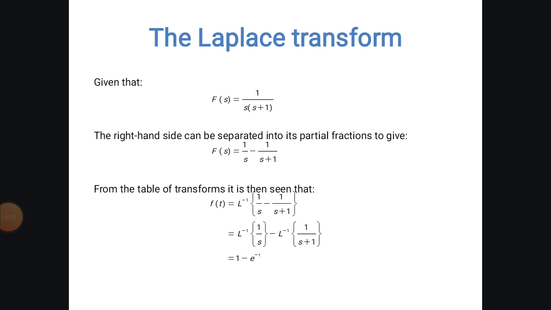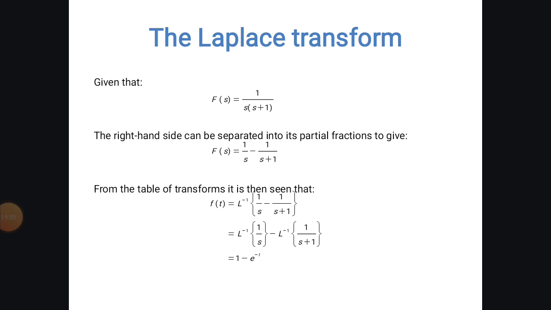We are interested in f(t), so we take the Laplace inverse on both sides. So f(t) is the Laplace inverse of 1/s minus 1/(s + 1). Now we can again separate using the linearity property. The Laplace inverse of 1/s is 1, and the Laplace inverse of 1/(s + 1) is e raised to minus t.